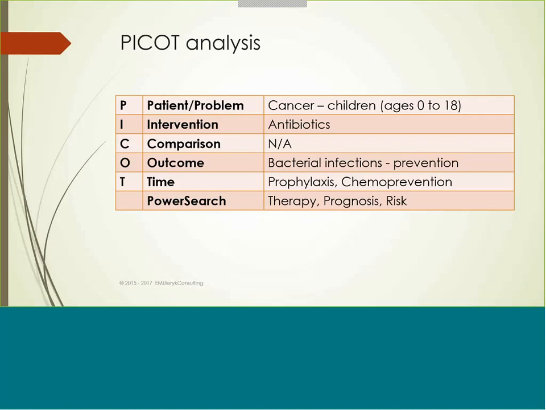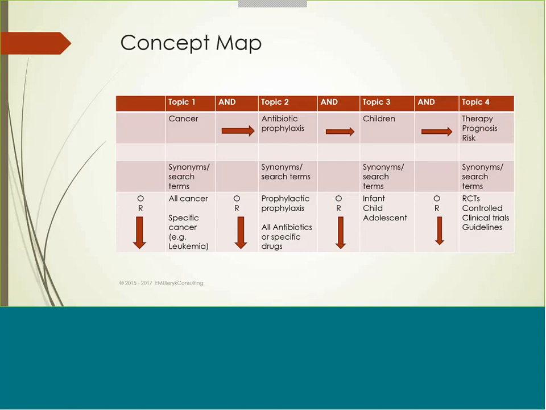And the power search will be the evidence-based pillars and the therapy filters that are available for searching these pillars. The concept map maybe looks a bit messier, but it actually is more of a working document. And what you do is you basically arrange along the top the main topics.